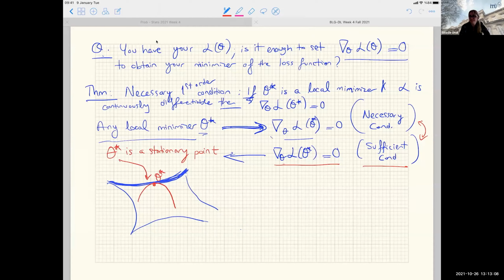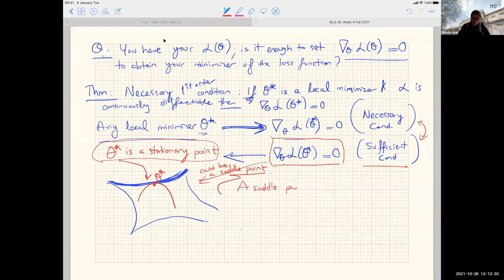You set the gradient to 0, and it's not necessarily a minimizer; it could be a saddle point. Generally it's called a stationary point. Of course, a saddle point is a stationary point, and of course the minimum or maximum are also stationary points.